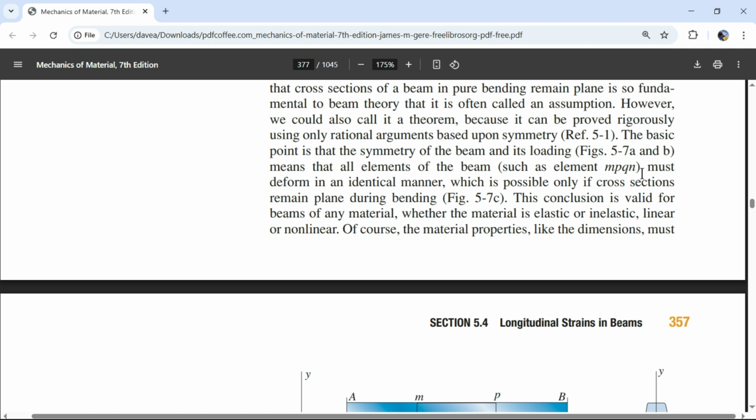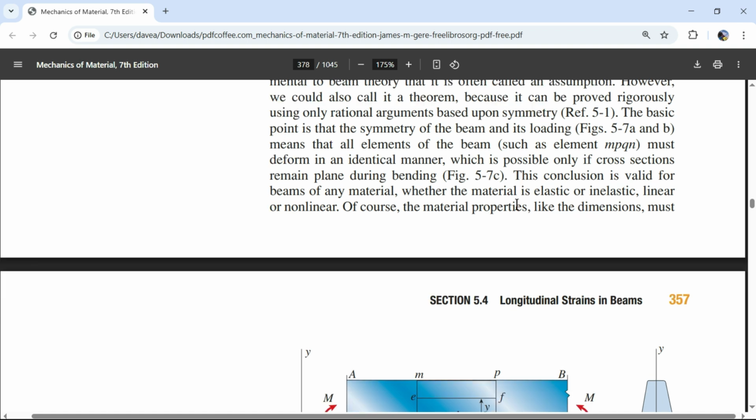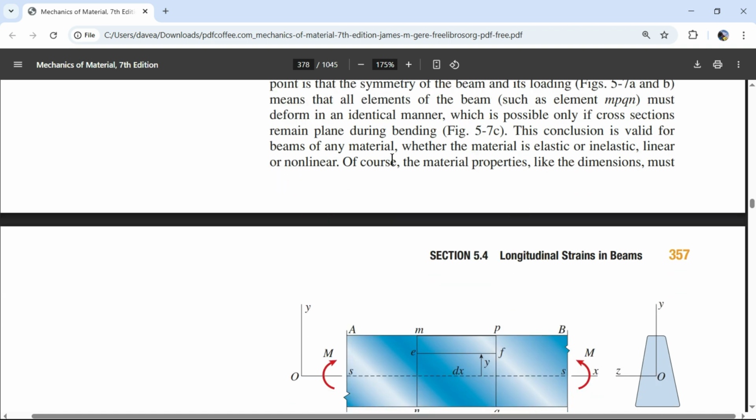So this element must deform in an identical manner, which is possible only if cross sections remain plane during bending. Figure 5.7c, and that's that curved shape. This conclusion is valid for beams of any material, whether the material is elastic or inelastic, linear or nonlinear.